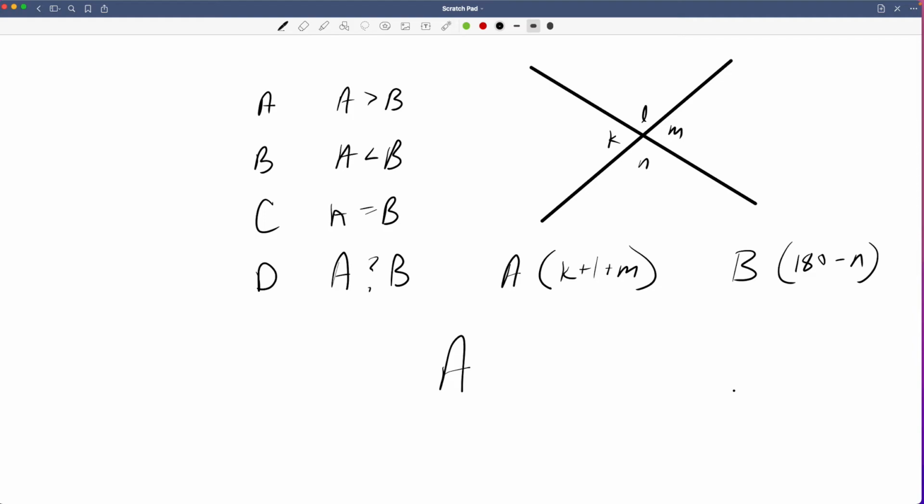Most of this is just logic, right? And if you can create a proof and use logic to create that proof, then doing the quantitative comparison is kind of redundant. And maybe that's why the ACT doesn't do it anymore.